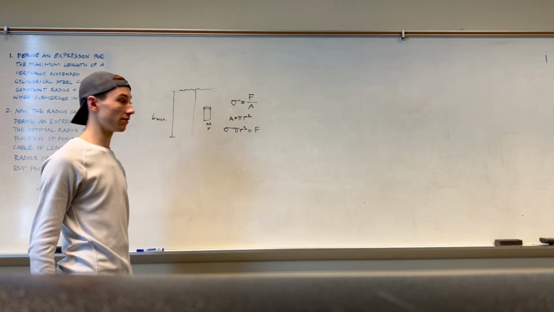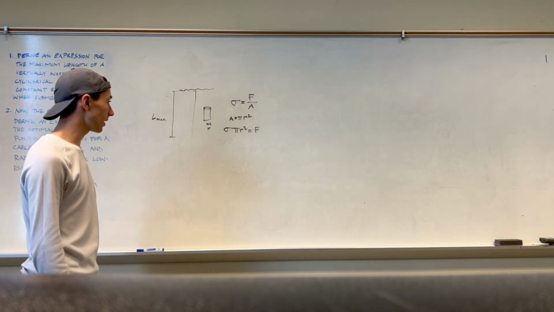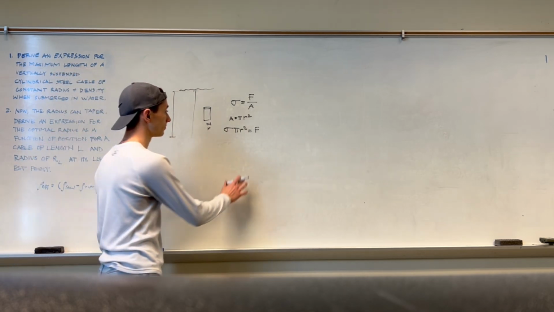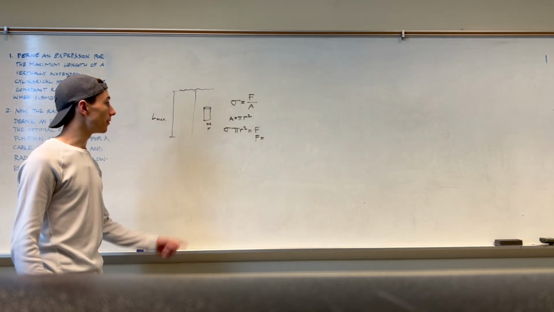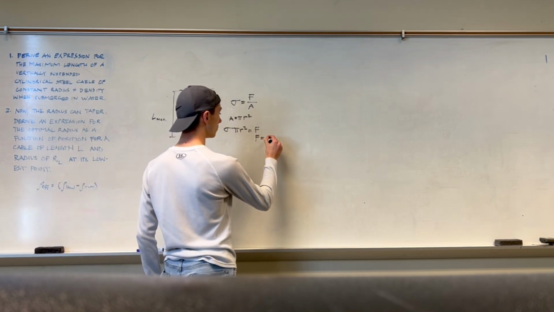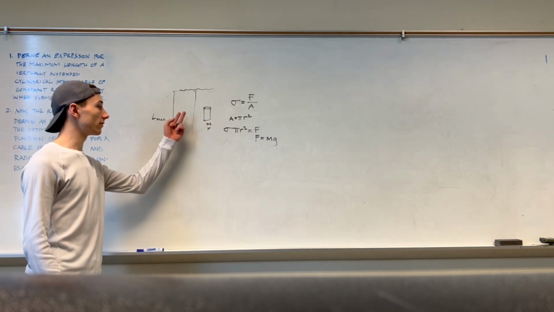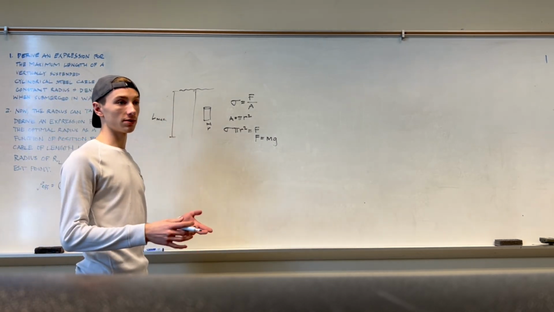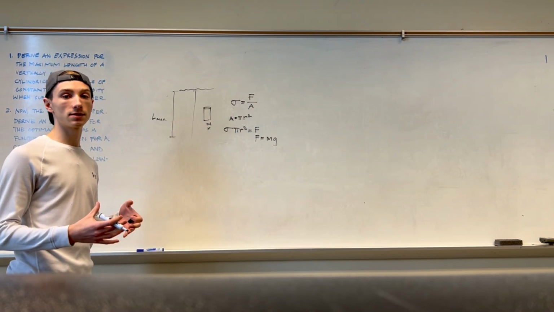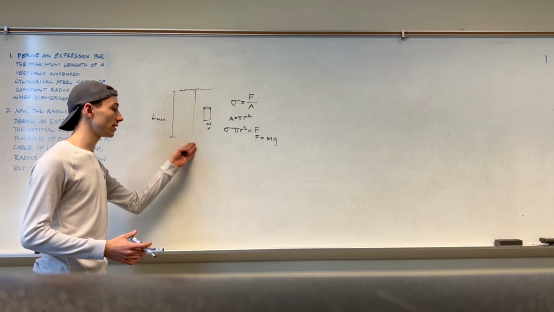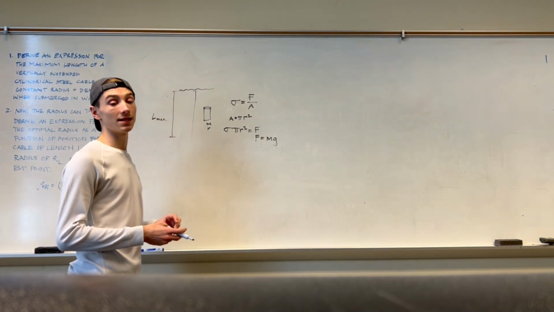Now all we have to do is find the force exerted on this cable due to its own weight. Okay, so well, what is weight? Force is going to be equal to the mass of the cable times gravity. But in addition to the weight of this cable, we also have the buoyant force of water, which is equal to the volume of water displaced by the cable itself times gravity times the density of water.